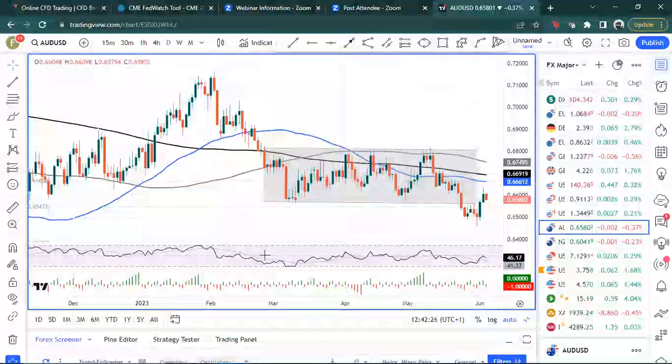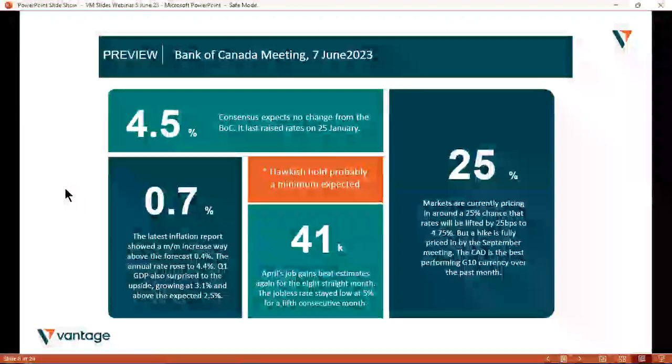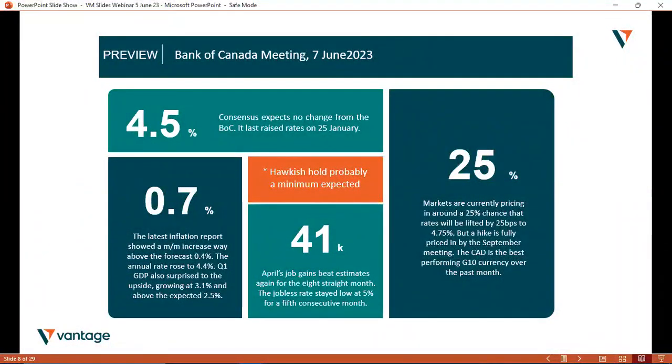Okay, that's Aussie dollar. Just moving on to the Bank of Canada, another infographic for you. Hopefully these are proving useful. No questions at the moment, but please do ask any questions if you do have any. But the Bank of Canada, similar slightly to the RBA, they announced on Wednesday, no hike expected.